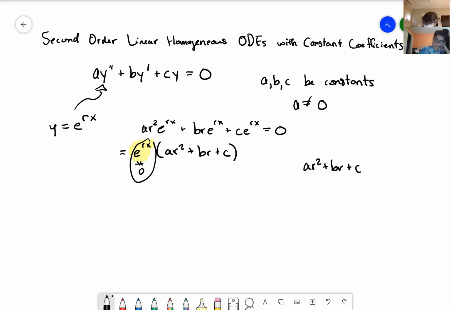And this is referred to as the characteristic polynomial, or in this case, the characteristic quadratic.